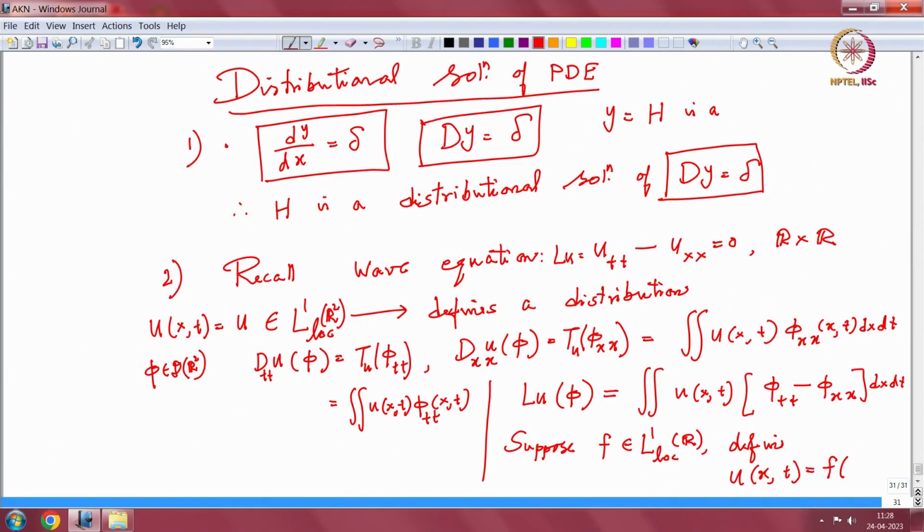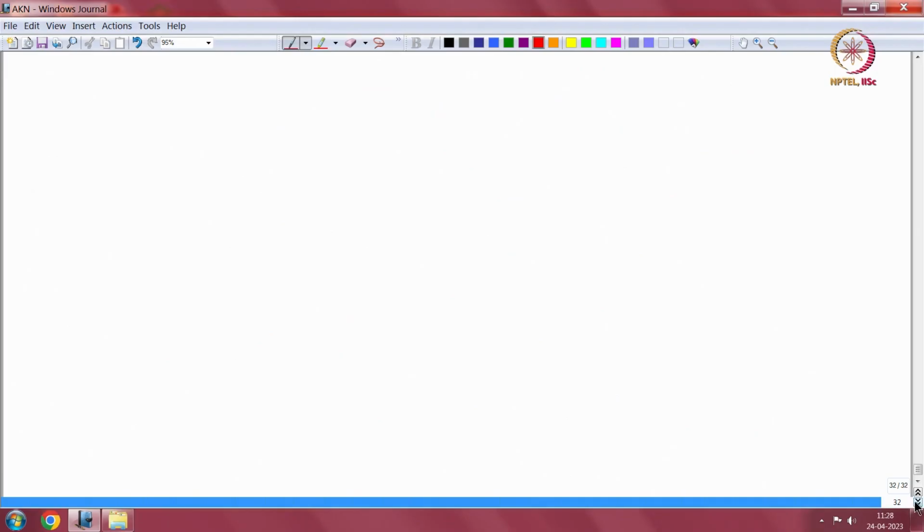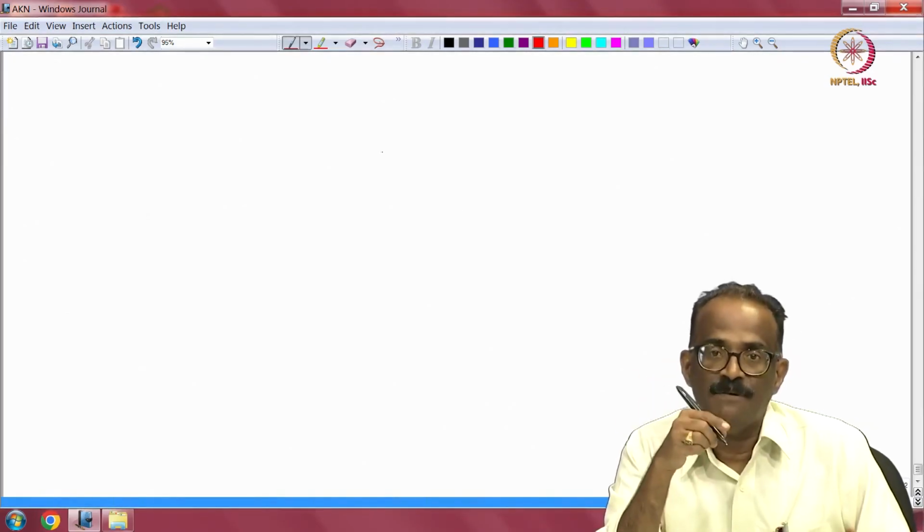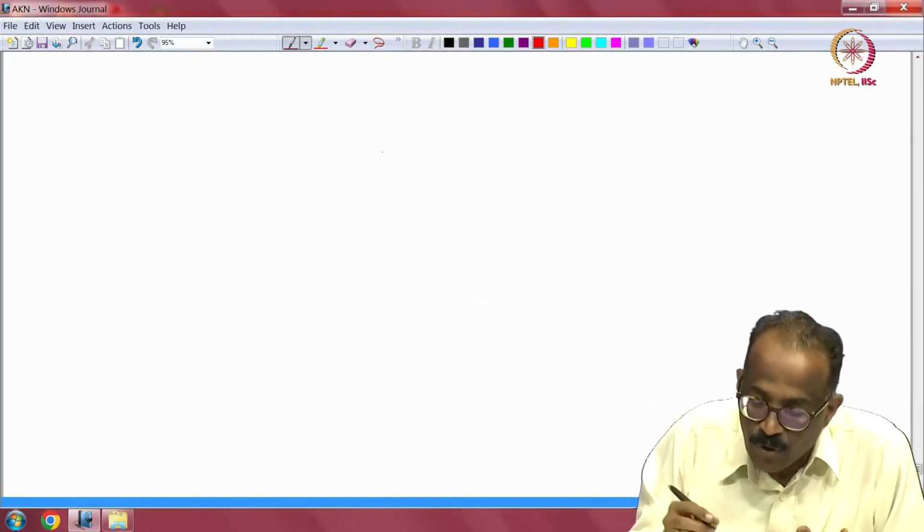Should I do that or not? Maybe I will do that with c squared here. So, you will get a c squared here. So, u(x,t) equals f of x minus ct. With that choice of f, u is also a locally integrable function in R2.